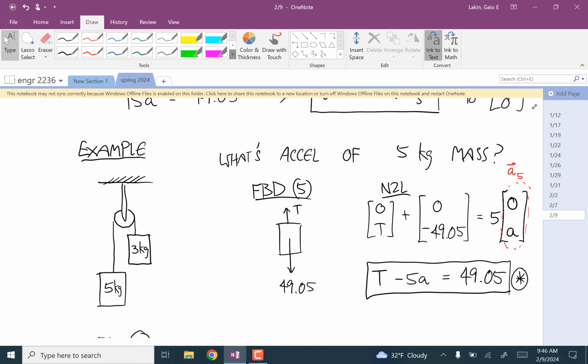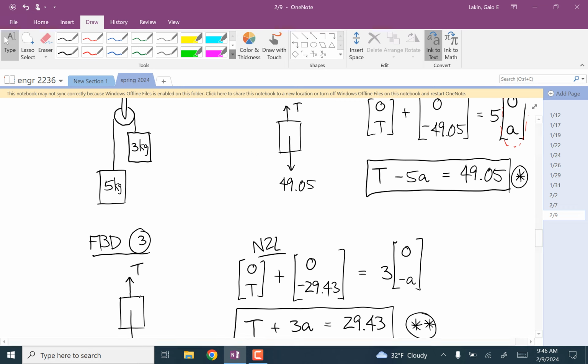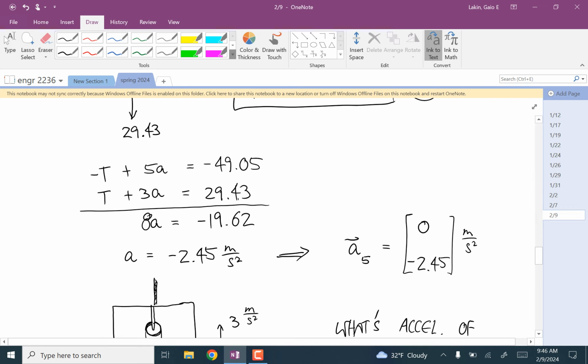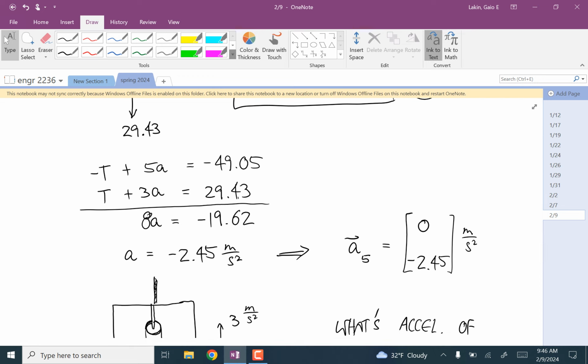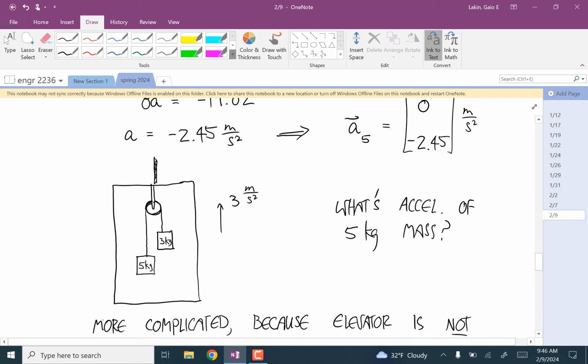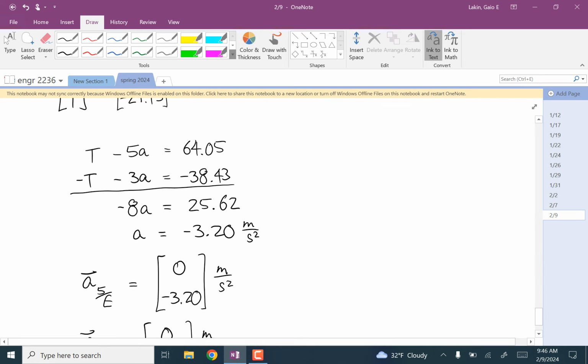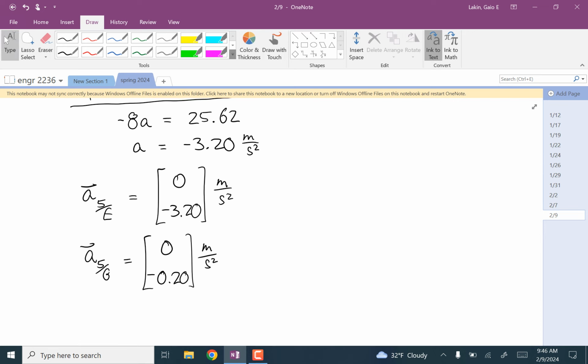It was moving with a constant velocity or at rest. And to an observer on the elevator, that 5 would be accelerating down at 2.45 meters per second squared. In the second example where it's accelerating up, that same observer sees the 5 accelerating down at 3.2 meters per second squared. So it's a fundamentally different looking motion.